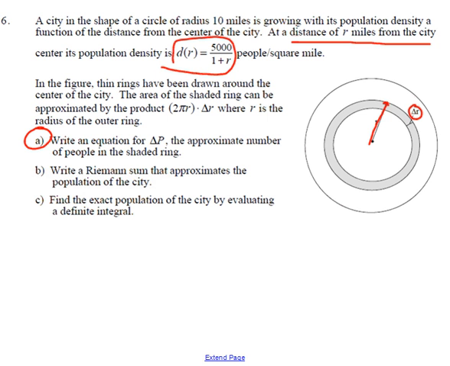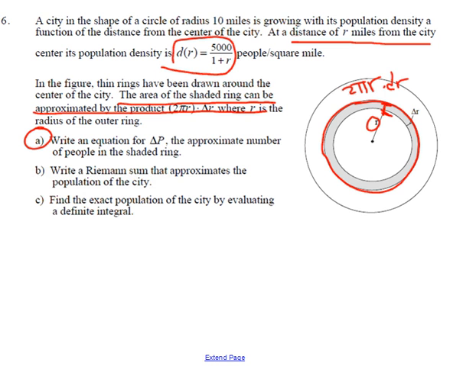It says the area of the shaded ring can be approximated by, well, the way that we find this area, the shaded area, if this is radius r, we know that this length equals 2 pi r, that's the circumference, and then I'm going to multiply it by that little bit of width, and that little bit of width is dr. So that's my area. That's a little dA.